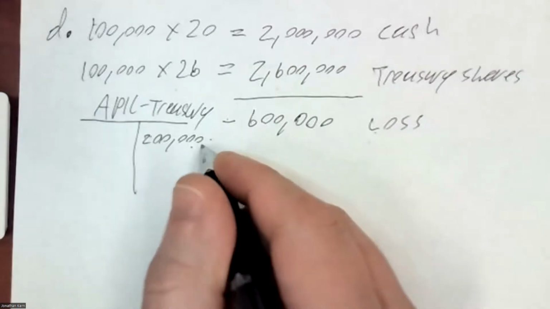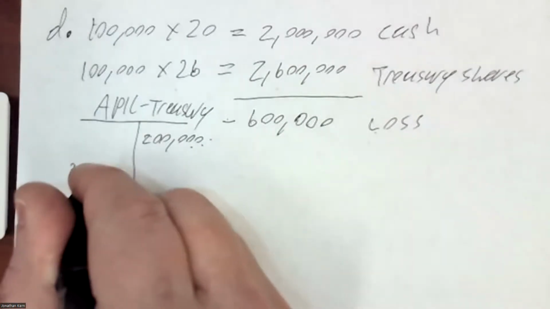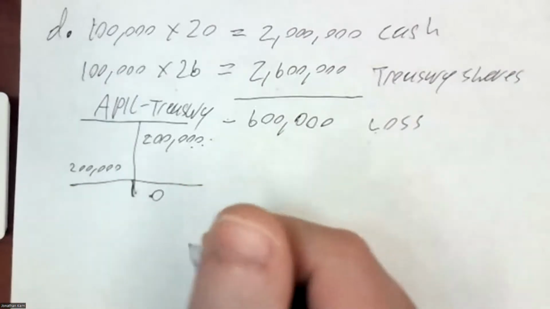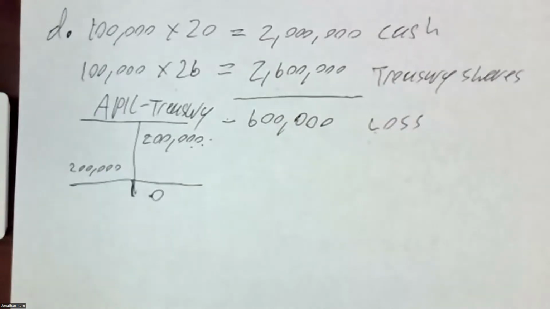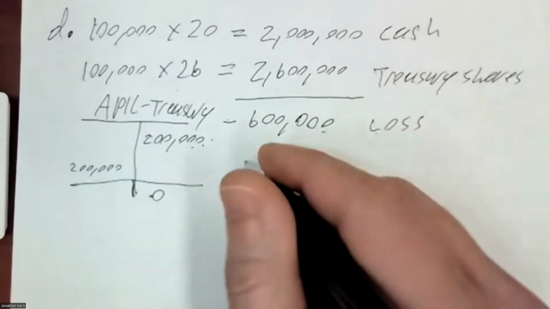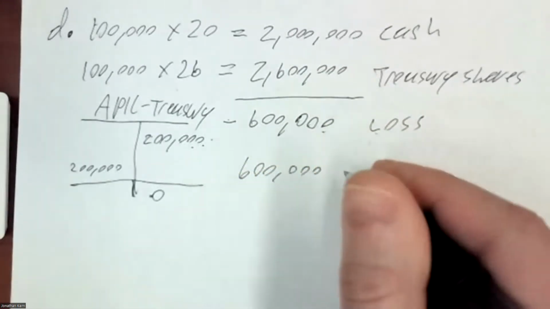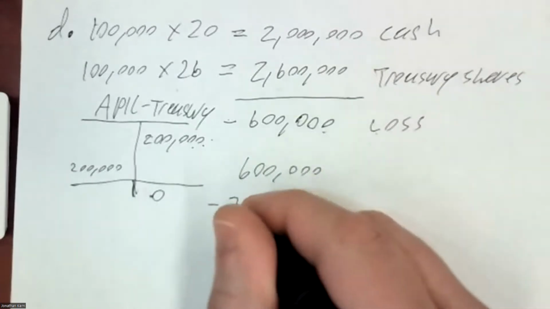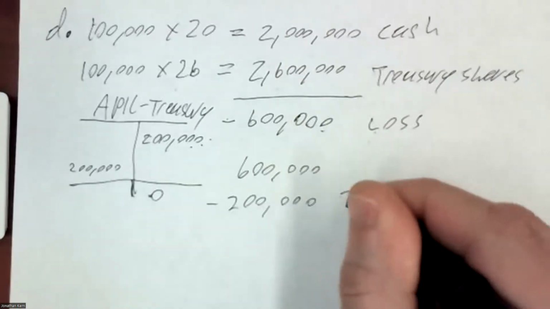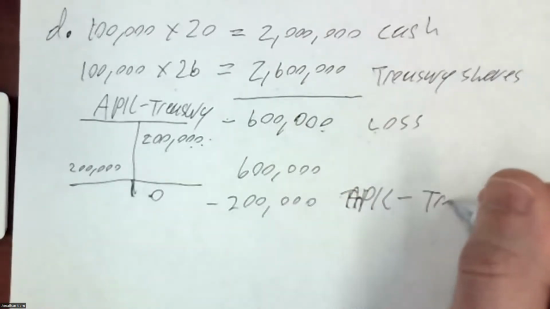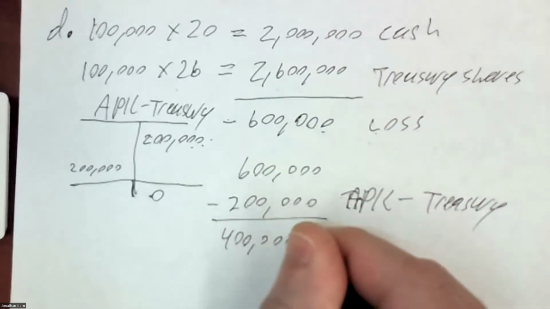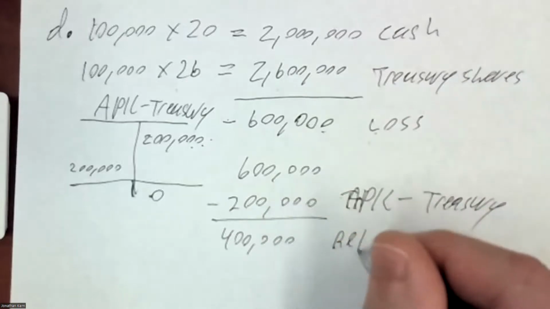So we can debit APIC Treasury at most $200,000, because then at that point it would have a zero balance, which means we will have to put the remaining $400,000 worth of loss to retained earnings. So we can take our total loss, subtract off our APIC Treasury, and that'll give us $400,000 that goes to retained earnings.